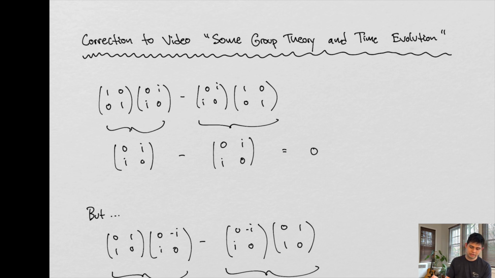Someone had noted, and thank you, by the way, that my matrix multiplication was a little bit off. And there's another video, an older video that I had made, I think probably last year, in the same playlist, where some of the video cut out.